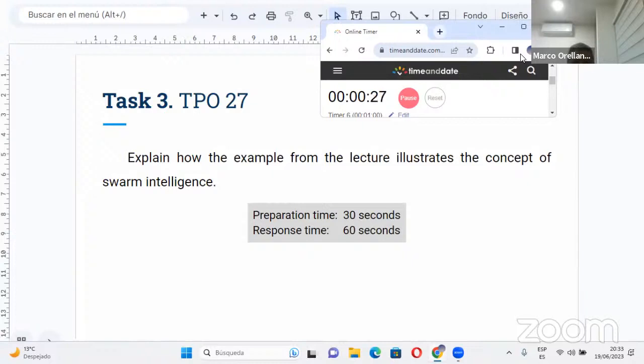In the lecture, the professor gives an example of ants. They live in large colonies, and when they need to find food, for example, and there's a space between two branches, they start making a bridge between the branches using their own bodies. And this helps them to get to the food they are looking for.